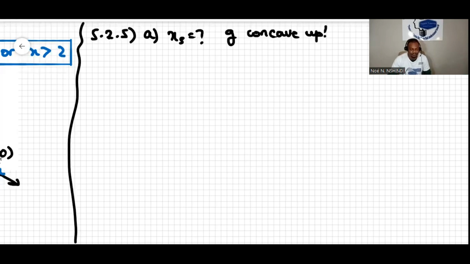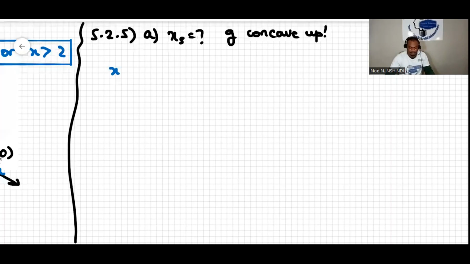So how can we do that? Yeah, a function is concave up where the derivative is increasing.